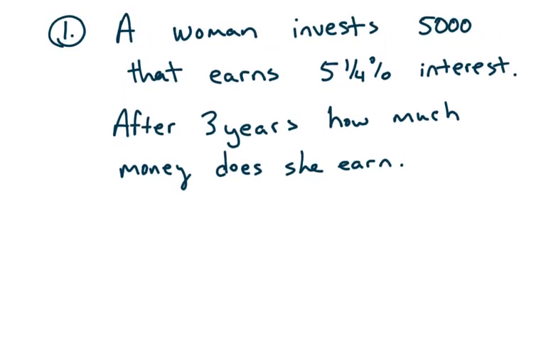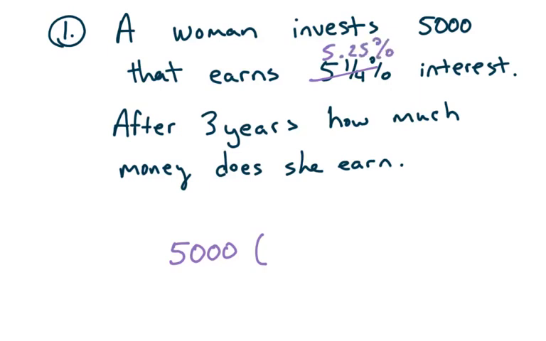So the next one says a woman invests $5,000 that earns 5.25% interest. After 3 years, how much money does she earn? So let's see what's going on here. She takes $5,000. She invests it at 5.25, so 5.25 is 5.25%.